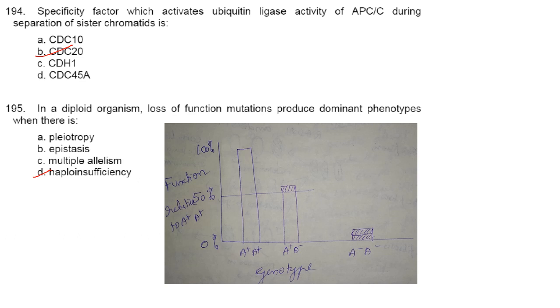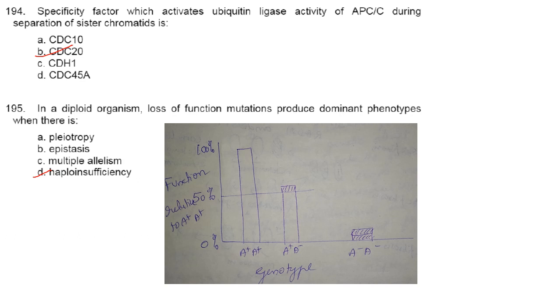In a diploid organism, loss of function mutation produces dominant phenotypes when there is haploinsufficiency. Haploinsufficiency is the situation that occurs when one copy of a gene is inactivated or deleted and the remaining functional copy of the gene is not adequate to produce the needed gene product to preserve normal function.